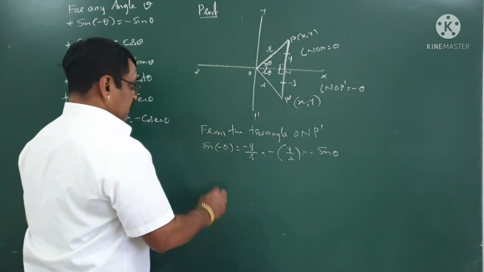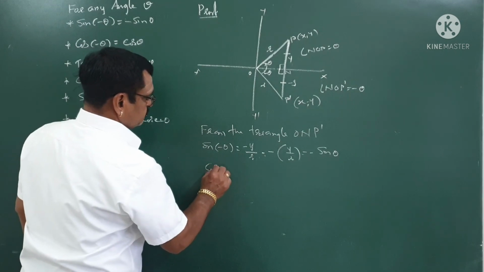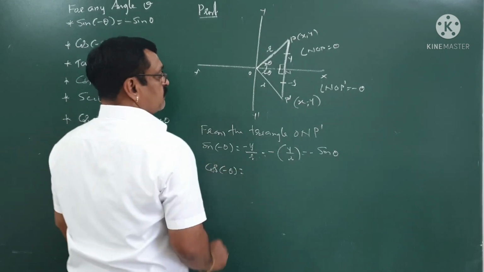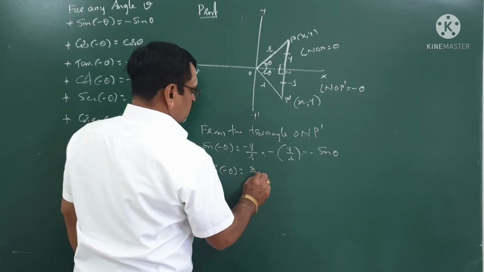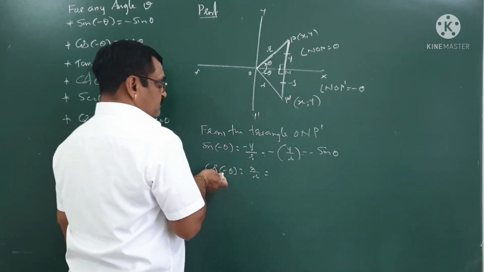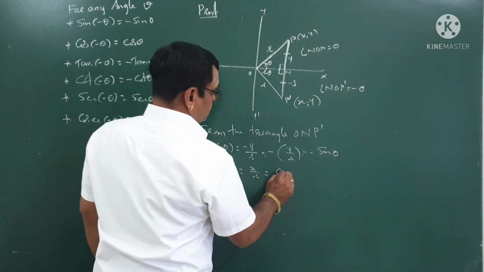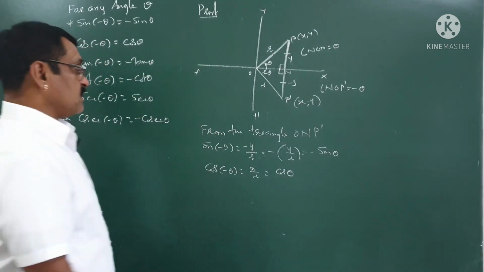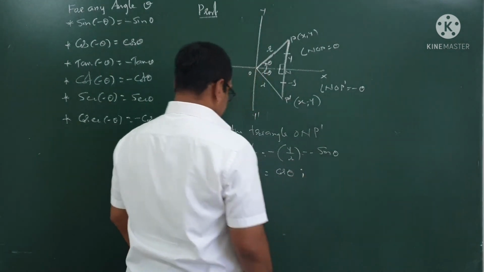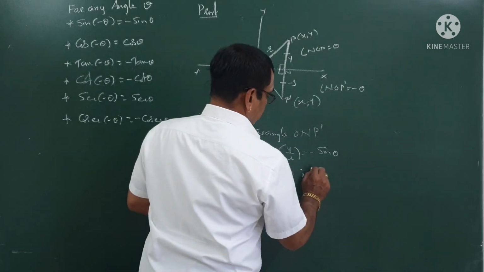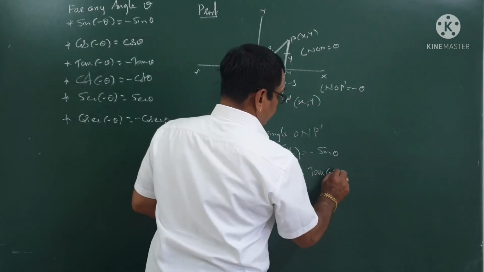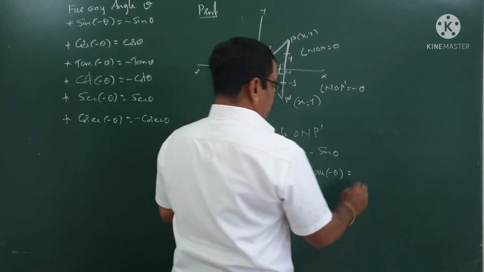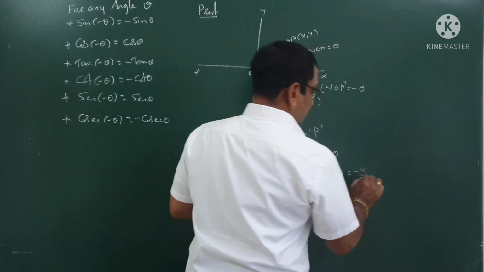Next one, second, cos of minus theta is equal to x by r. Of course, x by r also is equal to cos theta. So cos of minus theta is equal to plus cos theta. Next one, tan of minus theta is equal to minus y by x.